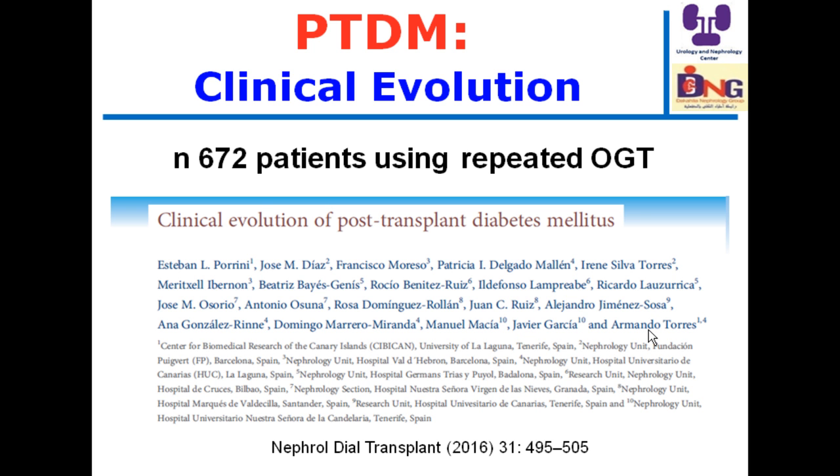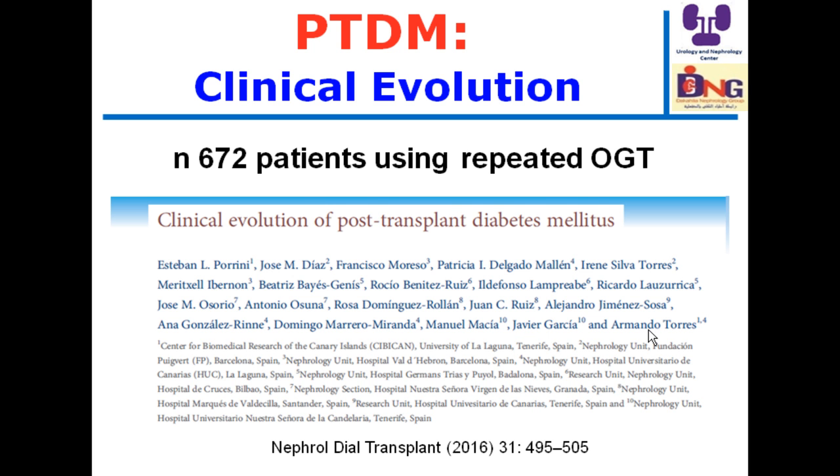This is a very interesting study because it included a sufficient number of patients. In this study, 672 patients were tested using repeated oral glucose tolerance tests. Here, up to 30% of transplant recipients develop post-transplant diabetes mellitus, and another 30% have pre-diabetes, either impaired fasting or impaired glucose tolerance.